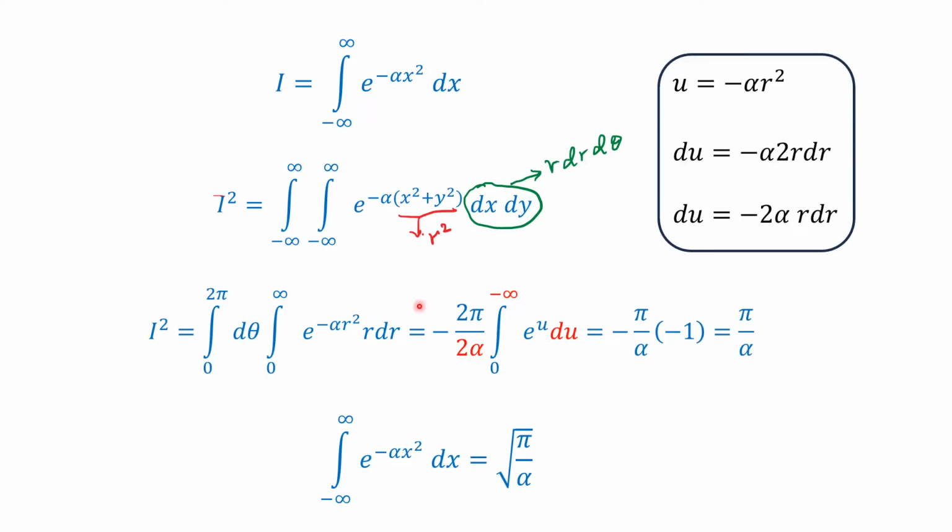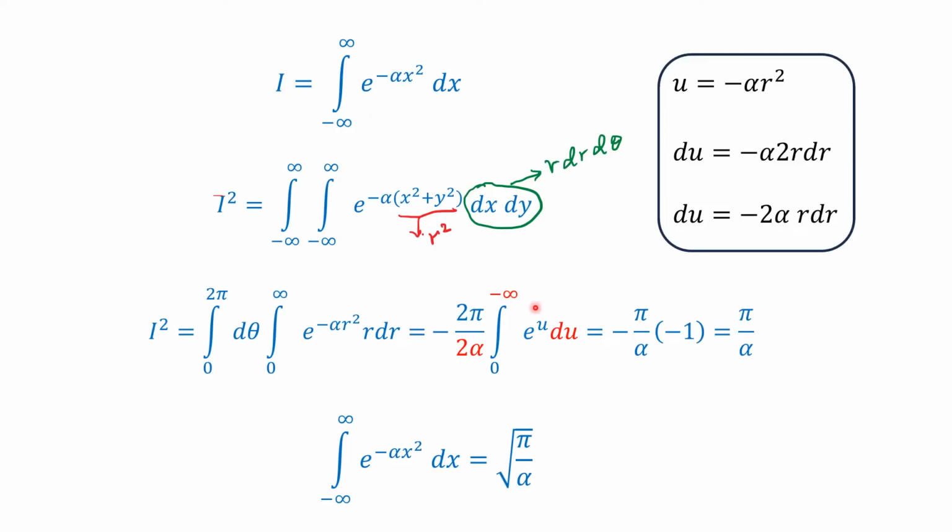So the result of the first integration is 2 pi, and we get 2 pi divided by minus 2 alpha, integral of e to the u du. Just now we have seen this integral, and the reason for changing the limit, minus infinity, I also explained just now.